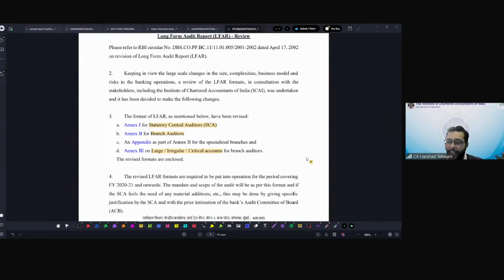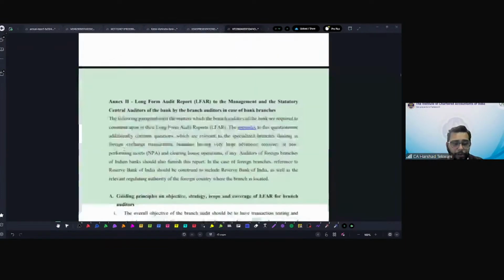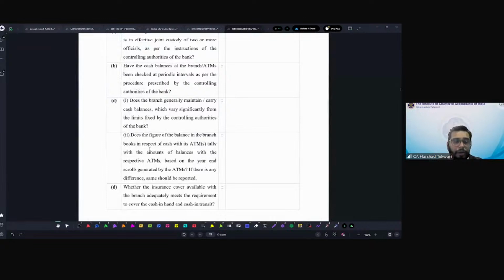Now, in a similar fashion, the way we have seen in the NBFC, if you are not aware of the requirements that are to be reported under this, if you are not aware of the laws or regulations which are applicable to a bank, you will not be able to report on the matters which are there. For example, if there is a particular matter on the deposits, okay, or let's say on the cash, does the figure of the balance in the branch book in respect of cash in ATM tally with the amount of balance with the respective ATMs?